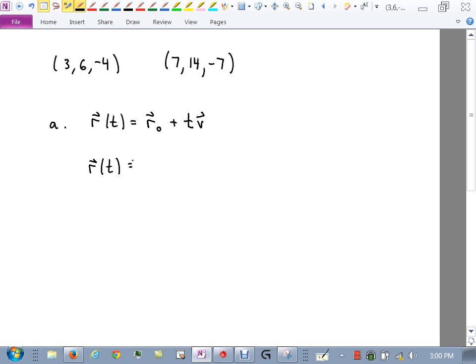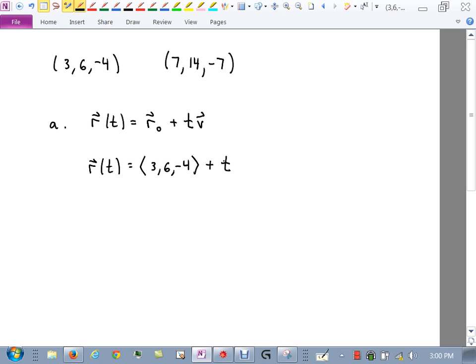Yeah, we have a vector from the origin to one of those points. So we'll take 3, 6, negative 4 and make a vector out of it. Plus, now we need t times what? A direction vector. The direction vector is a vector that lives on the line. Therefore, it's not the vector going from the origin to 7, 14, negative 7.